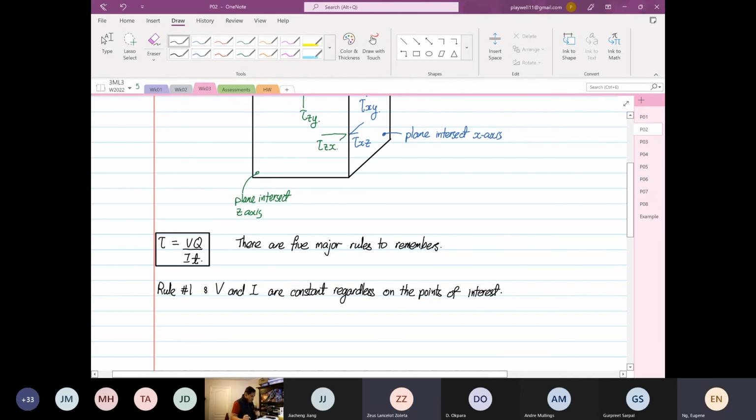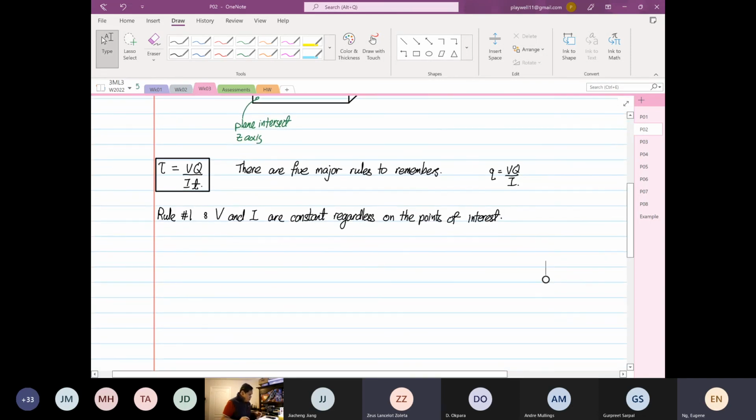Okay, let me elaborate that. V and I. Now this rule also applies for the other formula, as in small q is equal to VQ over I for your shear flow. The rules also apply. So what do I mean by that? What do I mean by V and I are constant regardless of the point of interest?